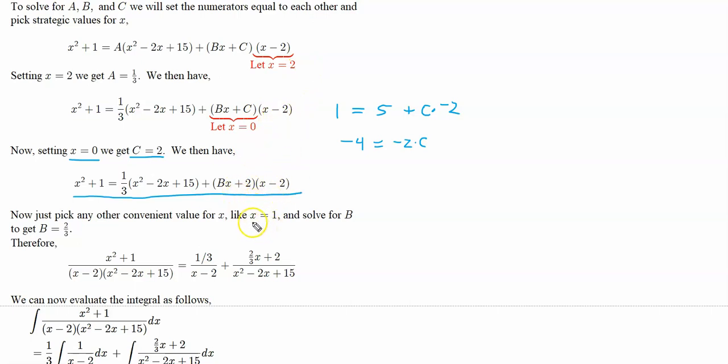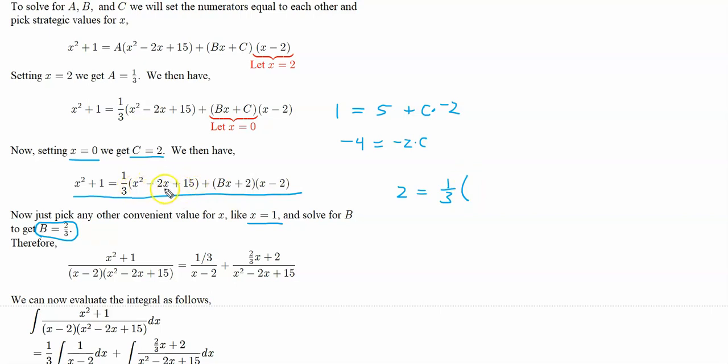So just pick any other convenient number like 1, put 1 in here for the x's, right, and then solve for the b, and you will get b is 2/3. Just to verify this quickly, if you put 1 in here for the x's, and let's see right here, if we put 1 in for these x's right here, we're going to get 14.